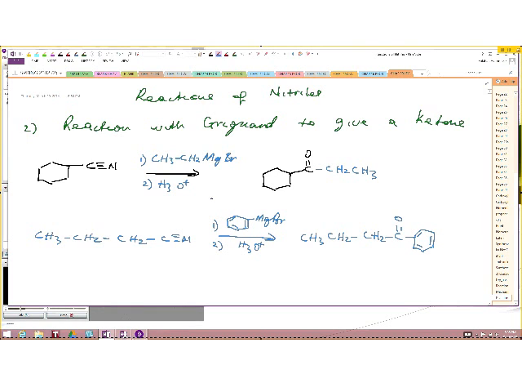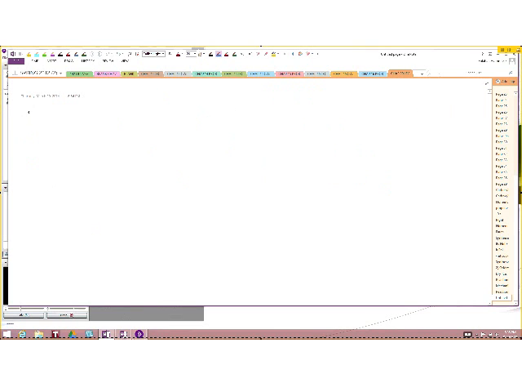Okay. So that's reaction number 2 for nitriles. Okay, the last reaction I will give you for nitrile. Nitrile will react with lithium aluminum hydride to give you a primary amine. Okay, reaction with LAH.